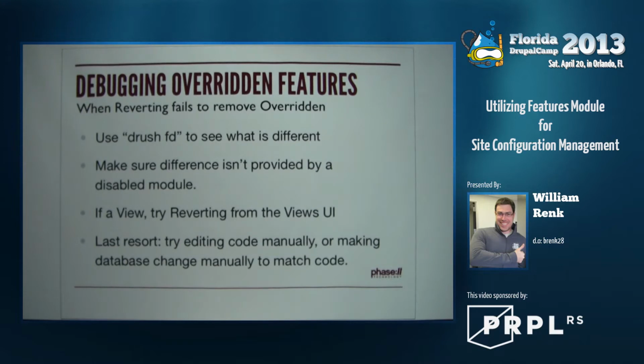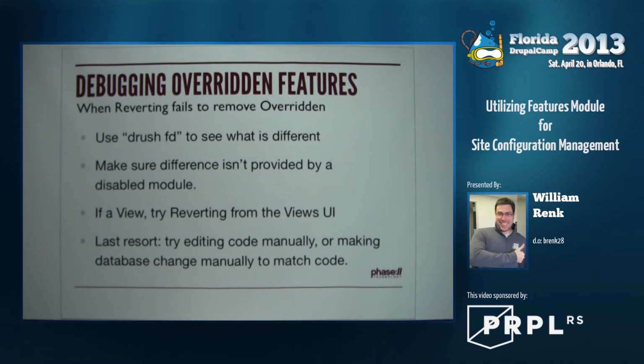Debugging overridden features. So like I was saying, you can use DRUSH FD to see the differences between the overridden feature and what's in code. You can check that some other module isn't causing the override.